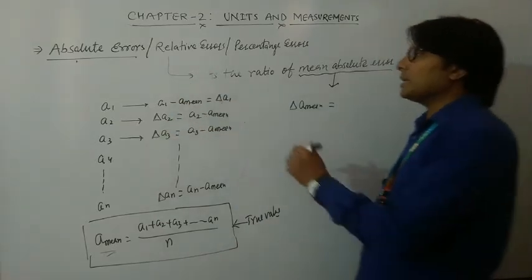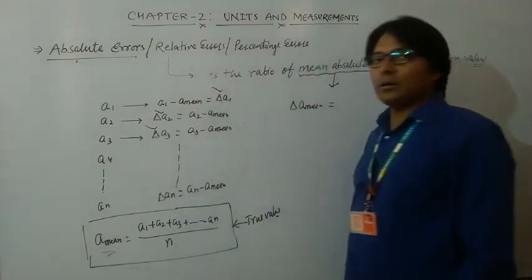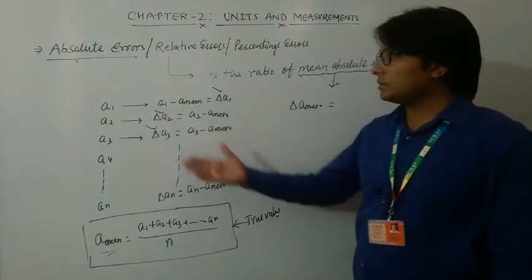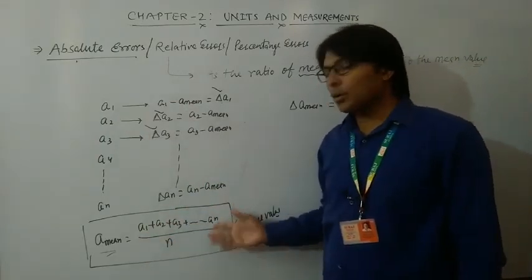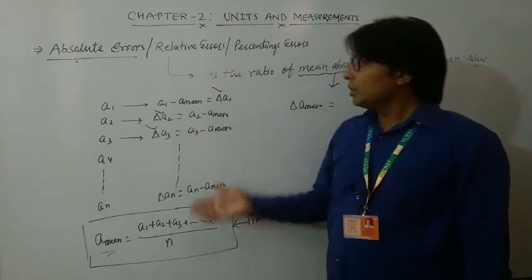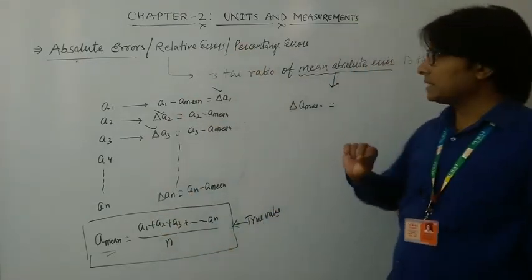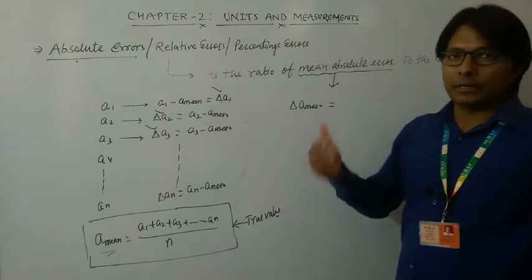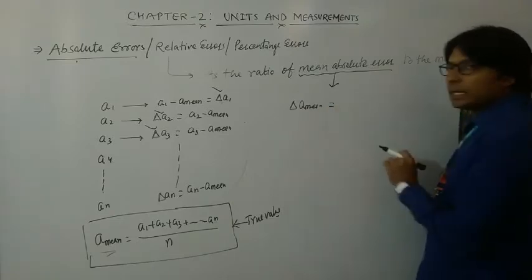These absolute errors may be positive or negative, because random error may occur in either direction, or these observed readings may be greater than the true value or less than the true value. So we have to take the modulus of all these absolute errors, and thereafter we will take the average value. So how can the mean absolute error be calculated?